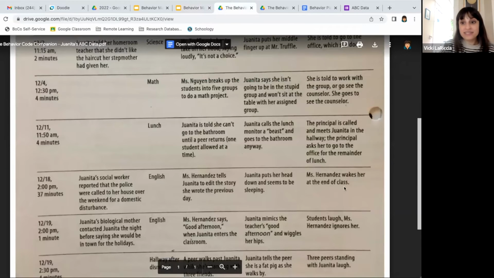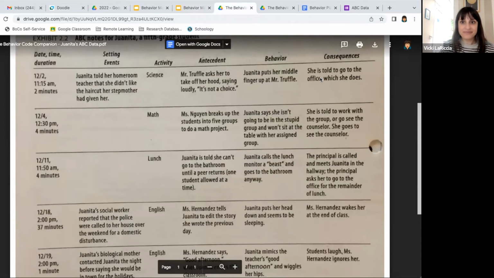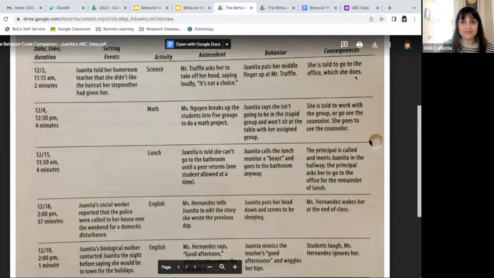The consequence column is on the right. So what do you think? Well, someone wrote disrespect.